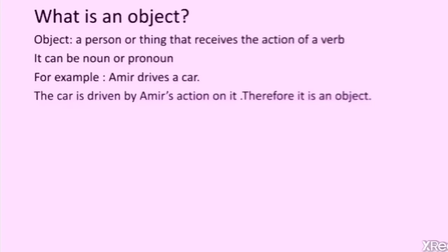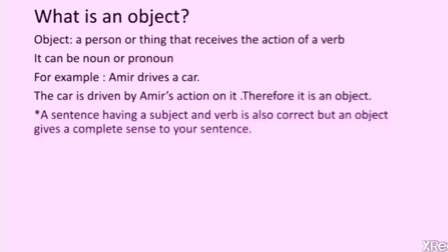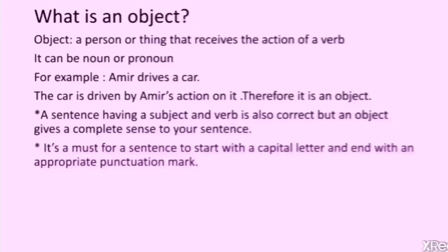Therefore, it is an object. A sentence having a subject and verb is also correct, but an object gives a complete sense to your sentence. It's a must for a sentence to start with a capital letter and end with an appropriate punctuation mark.